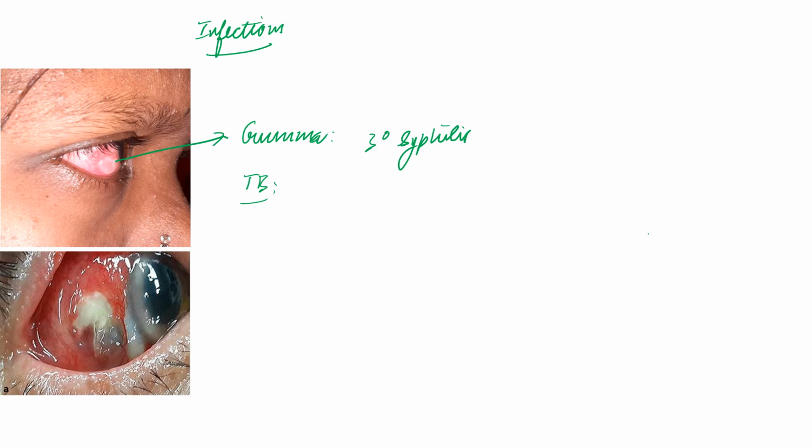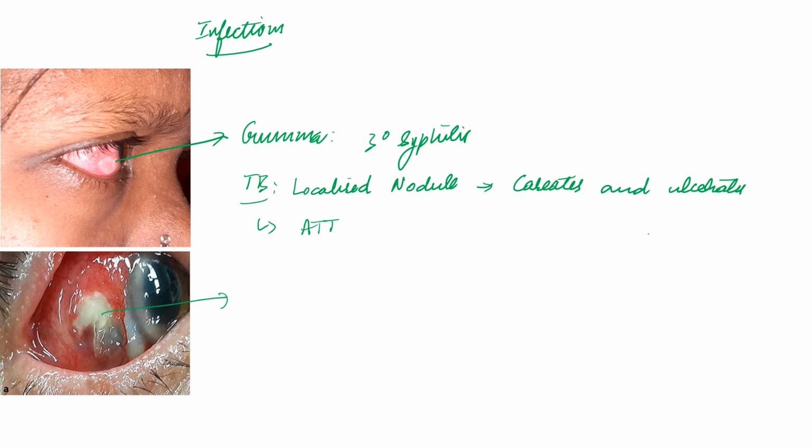Whenever there is TB of sclera, there will be a localized nodule which caseates and ulcerates. TB of sclera is treated with systemic antitubercular therapy. This picture shows a case of pseudomonas infection of the sclera.